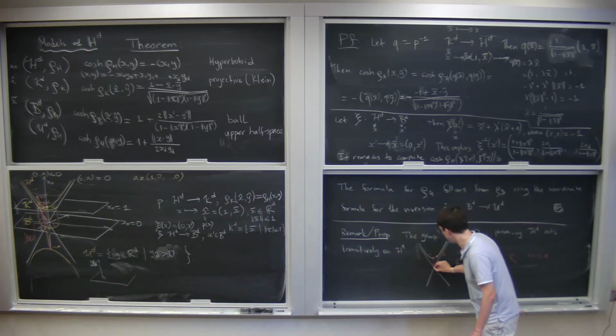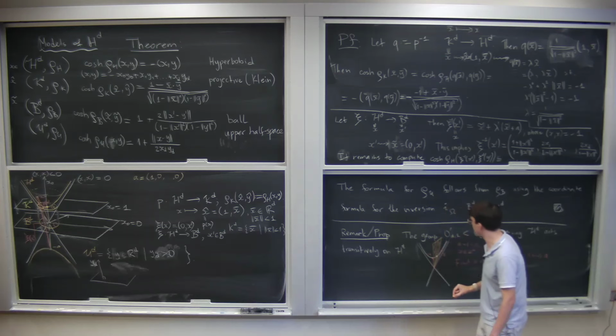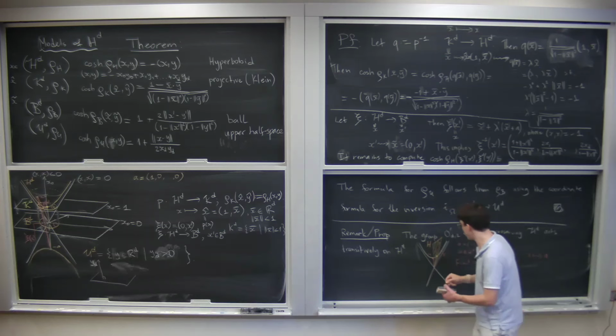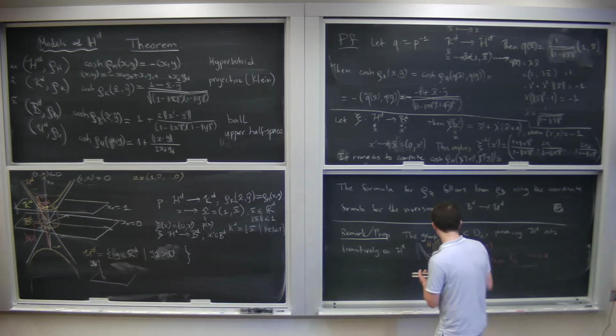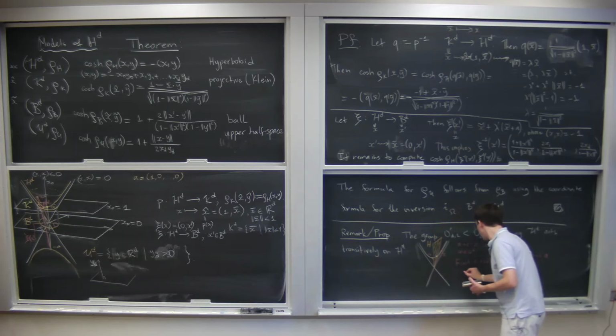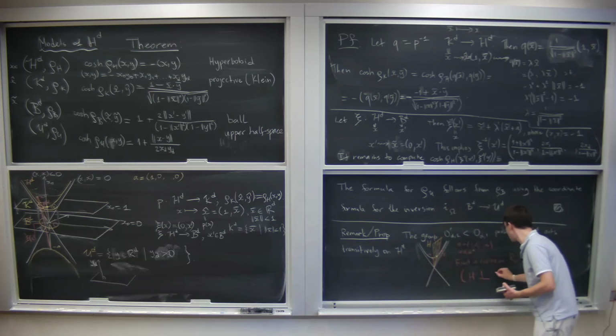So we need to take a hyperplane H that is orthogonal to the geodesic segment, which I will denote with square brackets, XA.